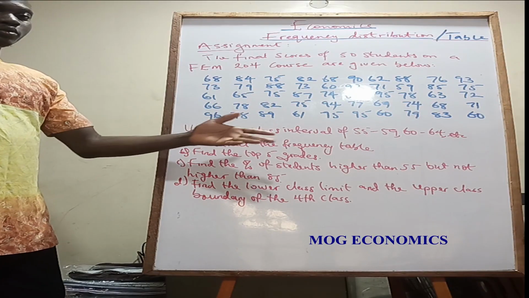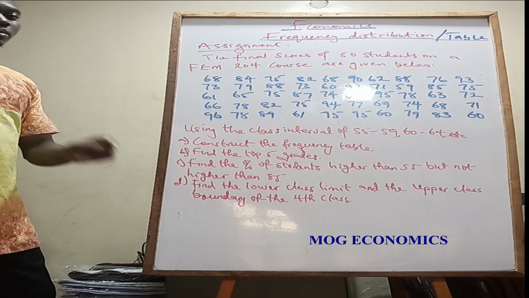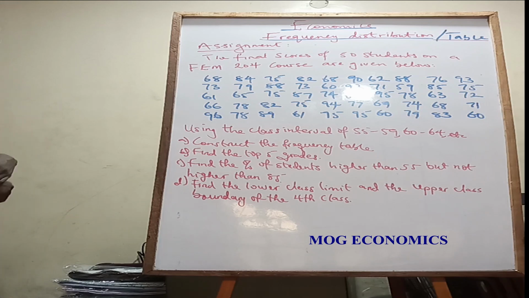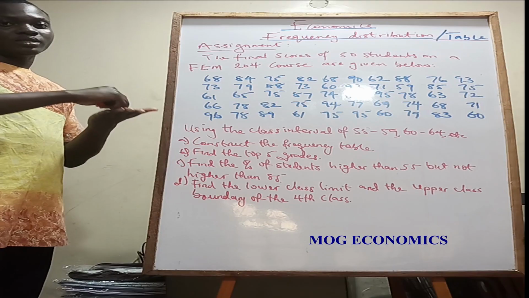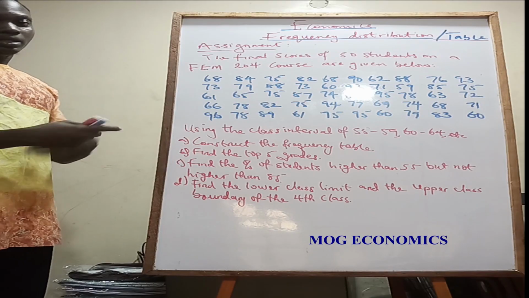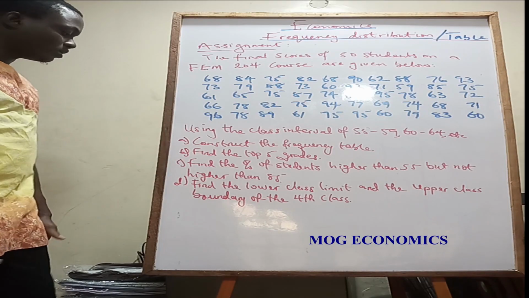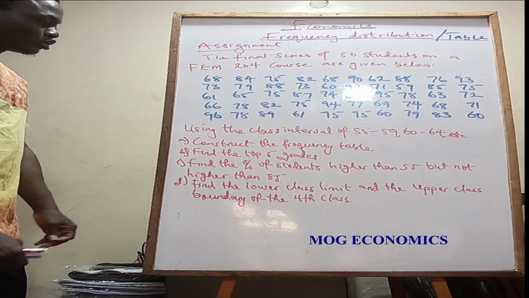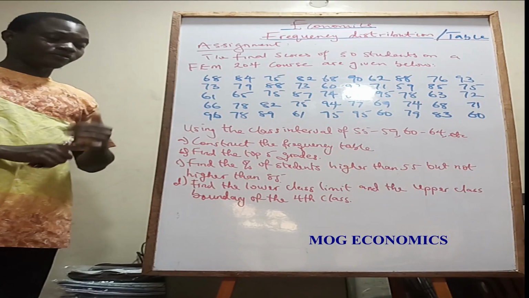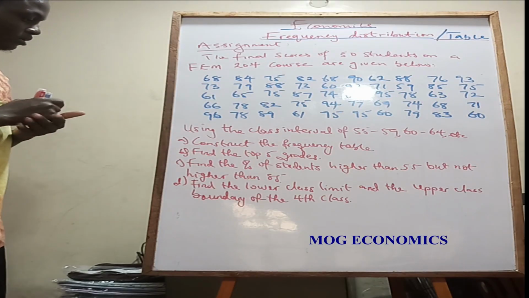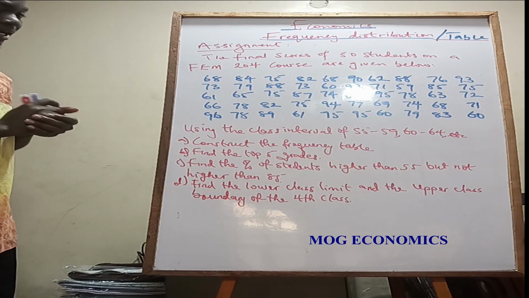A, construct the frequency table. B, find the top 5 grades. If you use the method that I taught you, where we list those scores, it's going to be very easy to find the top 5 grades. C, find the percentage of students who scored higher than 55 but not higher than 85. So they got more than 55 but didn't score higher than 85.